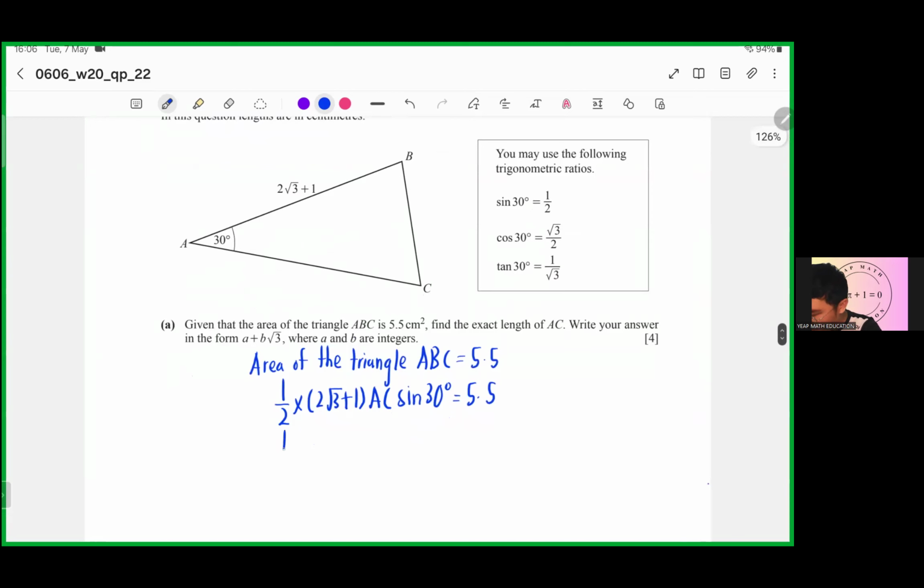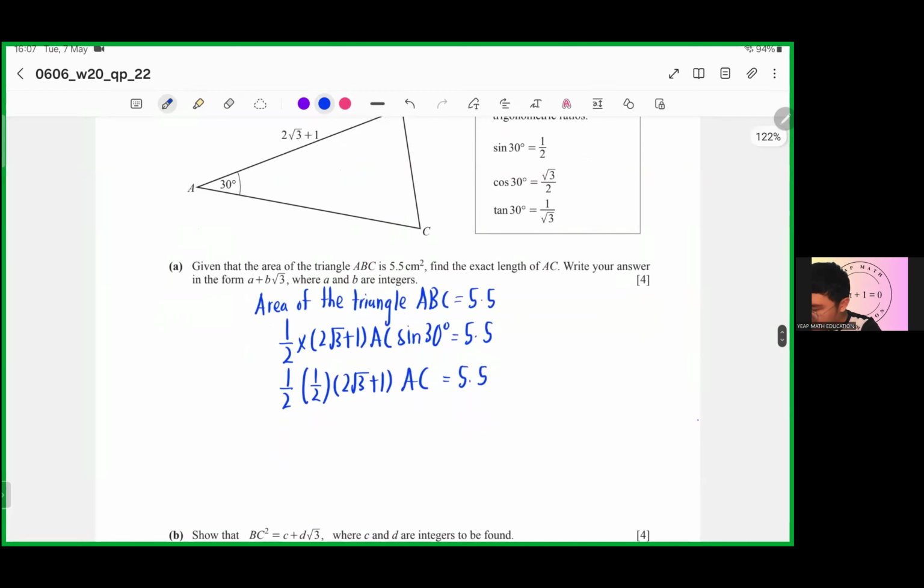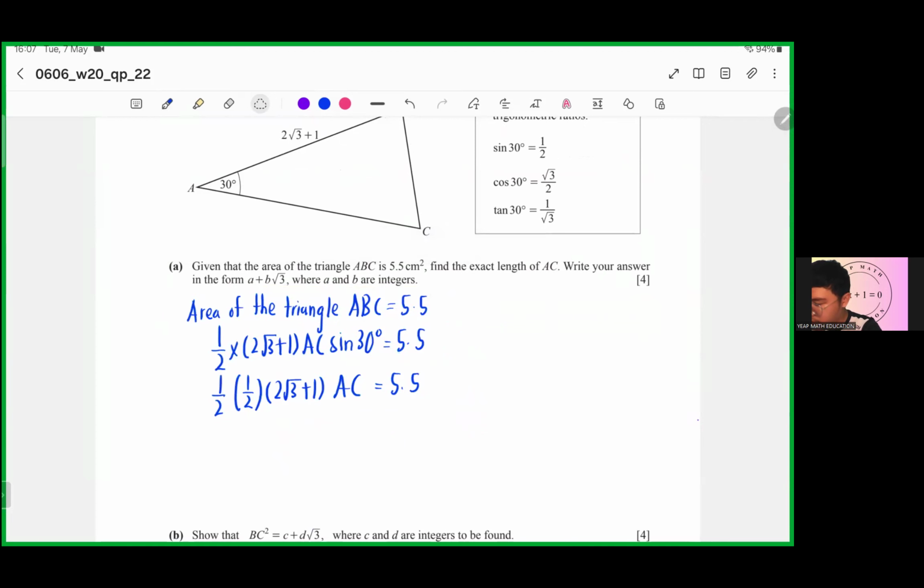So now we can write 1/2. Sine 30 is also 1/2, and then 2 root 3 plus 1 times AC equals 5.5. Then 2 root 3 plus 1 over 4 times AC equals 5.5.